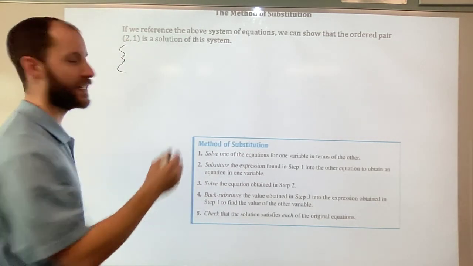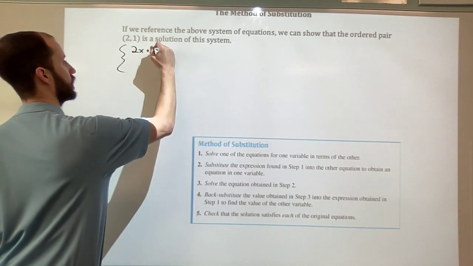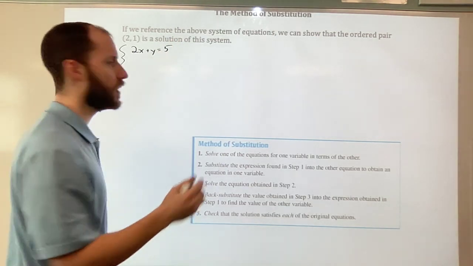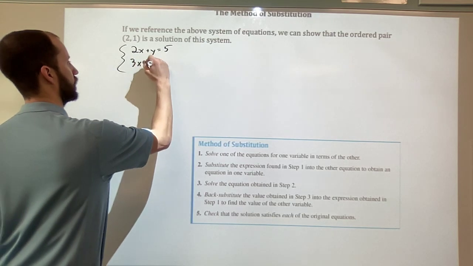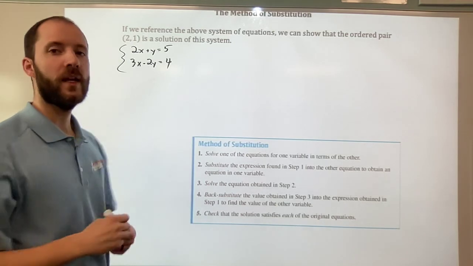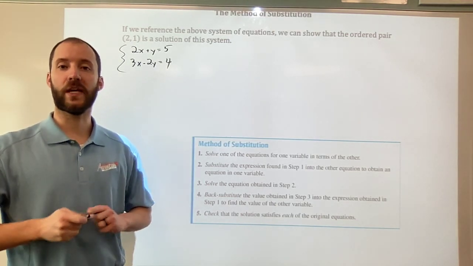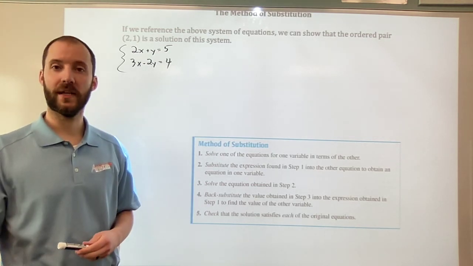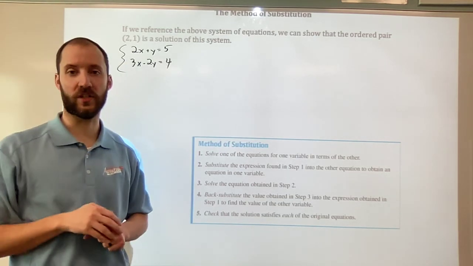So make sure I write down correctly. 2x plus y equals 5, and 3x minus 2y equals 4. Okay. Now when using the method of substitution, you want to take one equation, solve for one of the variables, and then plug that solution into the other equation.